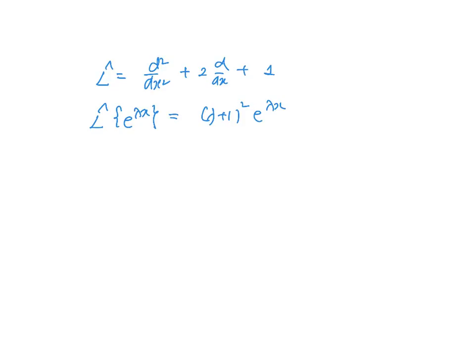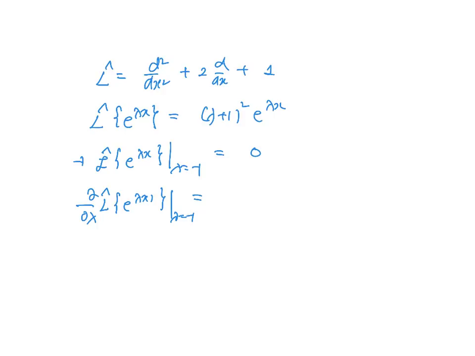So if we substitute lambda equal to minus 1, it is 0, right? And so is this.